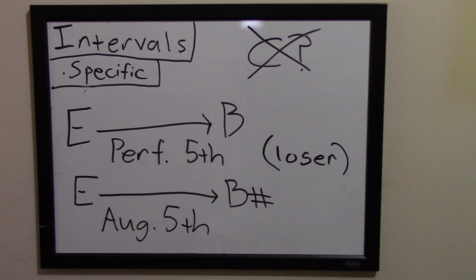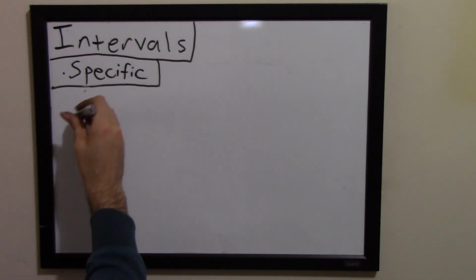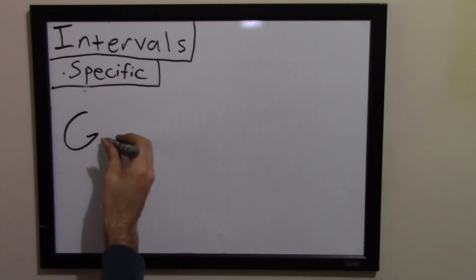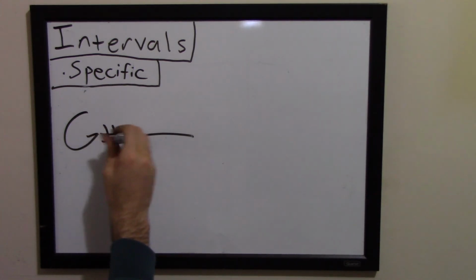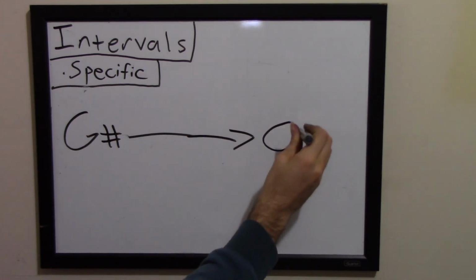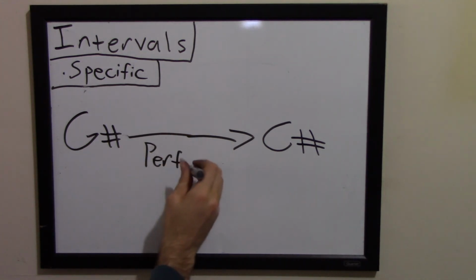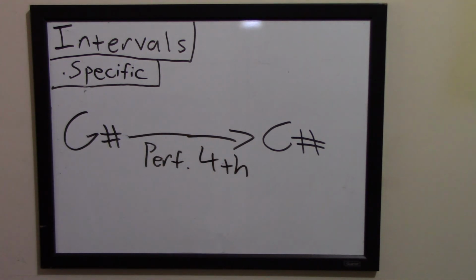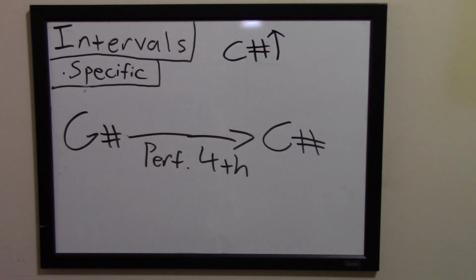Anyway, for an even weirder example, let's say that I'm playing a G sharp and I want you to play the note that is an augmented fourth above G sharp. You would say to yourself, I got this. I know that the perfect fourth is C sharp, and because that is a fourth, that consists of 5 half steps. So I'm just going to raise that 1 half step, and I'm going to get an augmented fourth. But you're like, wait a minute.